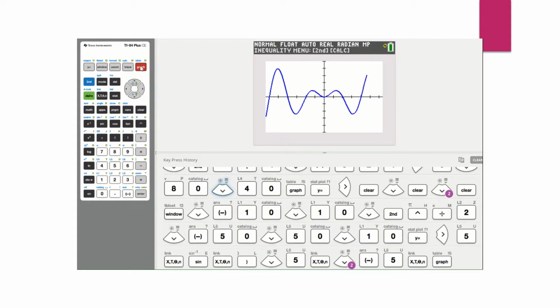There comes the blue, the damped function. All right, well, look, cool. Now, what about our amplitude? As x is approaching negative infinity, what's happening to our amplitude here?